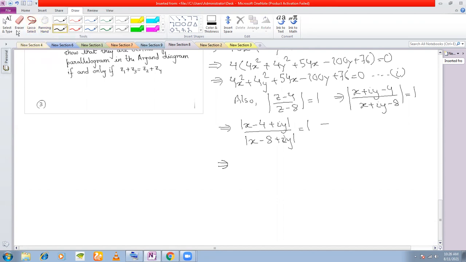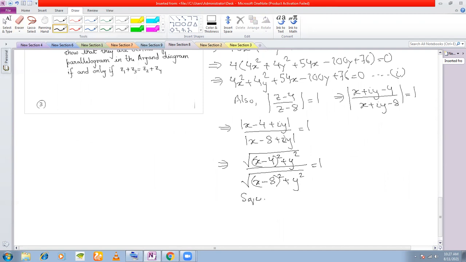Now you take the modulus here. You get root over (x − 4)² + y² divided by root (x − 8)² + y² is equal to 1.